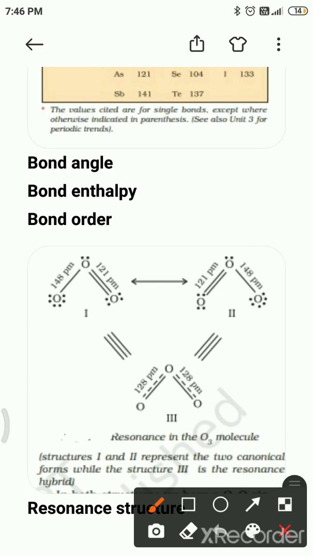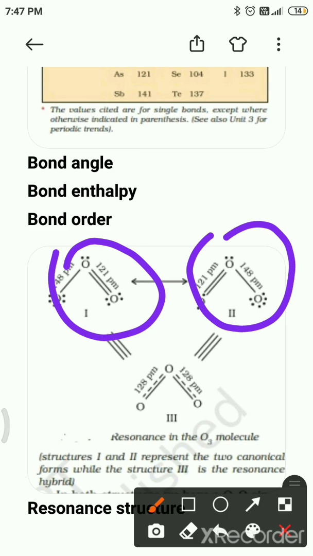According to the concept of resonance, whenever a single Lewis structure cannot describe the molecule accurately, a number of structures with similar energy, positions of nuclei, and bonding and non-bonding pairs of electrons are taken as canonical structures of the hybrid, which describes the molecule accurately. Thus for O3, the two structures shown above are canonical or resonance structures.